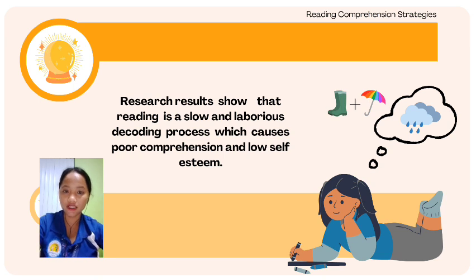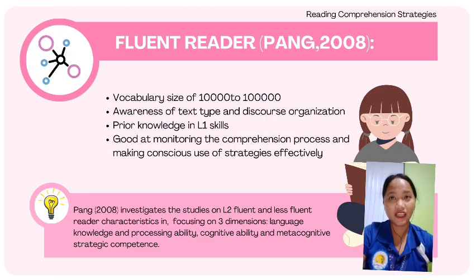Pang highlights the key characteristics of fluent readers and how they differ from less fluent ones. Fluent readers have a large vocabulary, typically between 10,000 to 100,000 words, which helps them recognize and understand words quickly. They are also aware of different text types and how information is organized, allowing them to adjust their reading strategies based on the material.